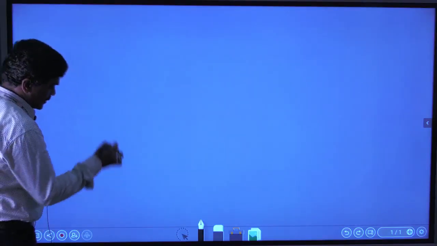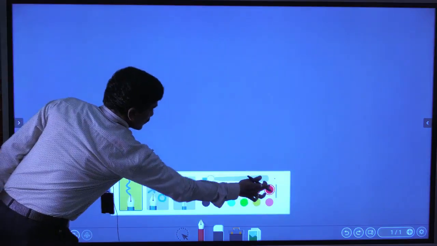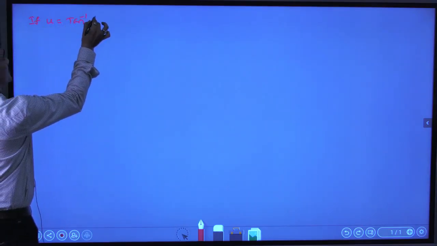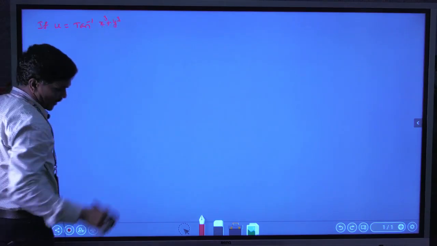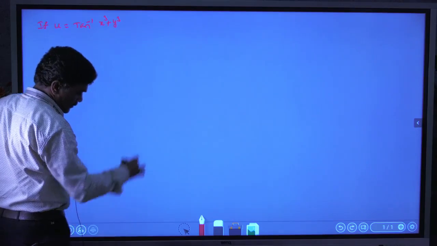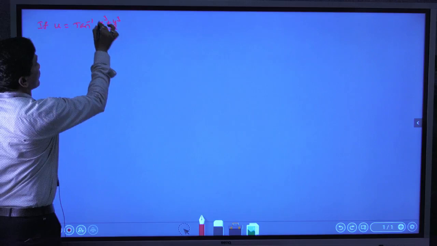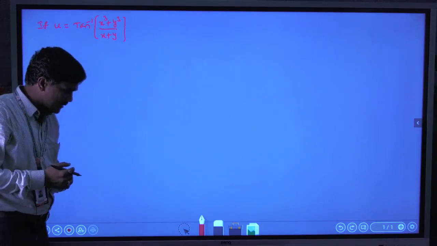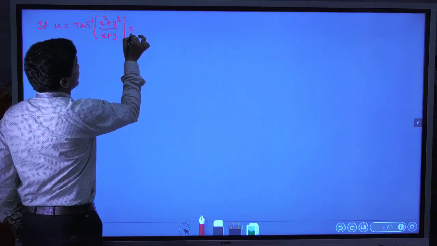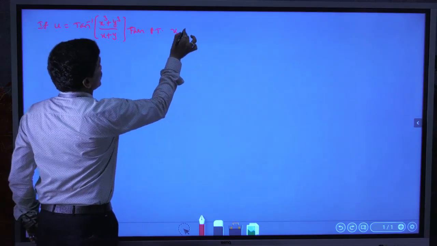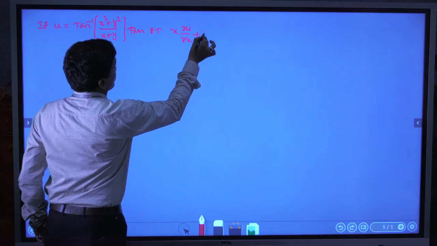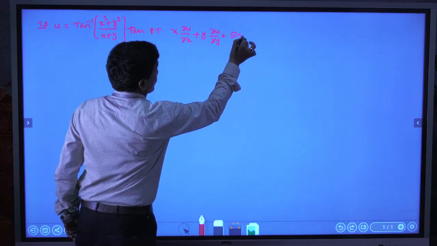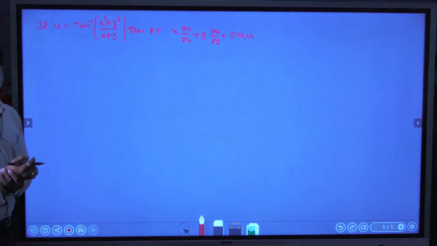If u is equal to tan⁻¹((x³ plus y³)/(x plus y)), then prove that x ∂u/∂x plus y ∂u/∂y is equal to sin 2u. Right? This is the problem.